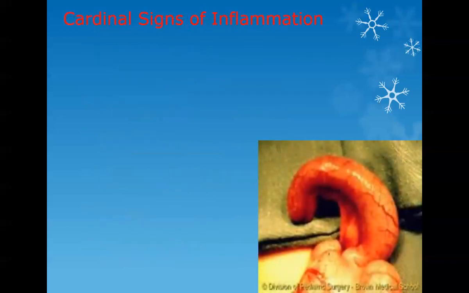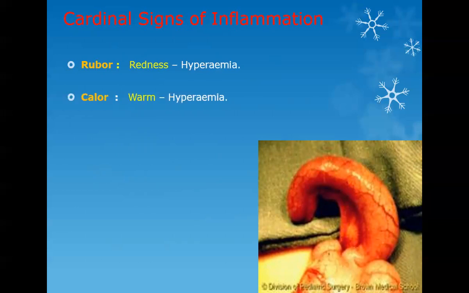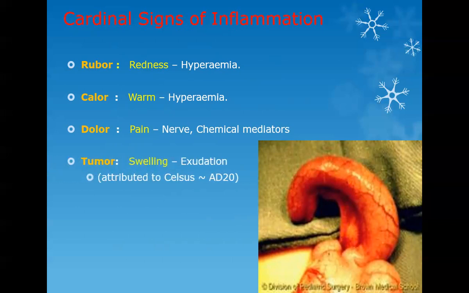Now, cardinal signs. Can anybody tell me about the cardinal signs? How many? Yes, five. They were described by the Romans 2000 years ago. Heat, redness, swelling, and loss of function, and I forgot the pain. So: redness, warmth, pain, swelling, and finally loss of function.